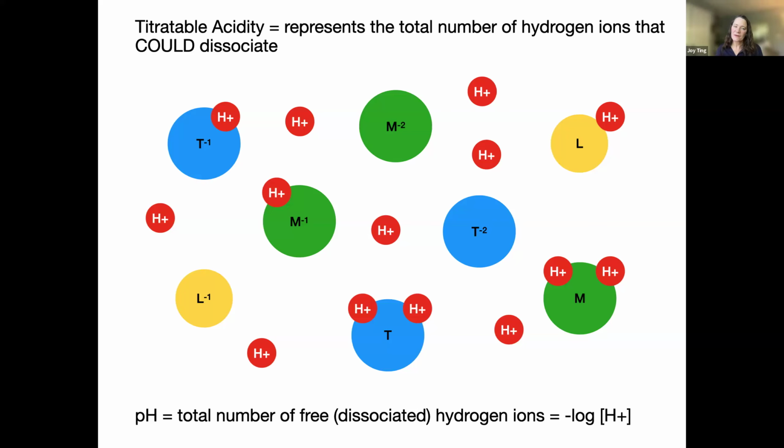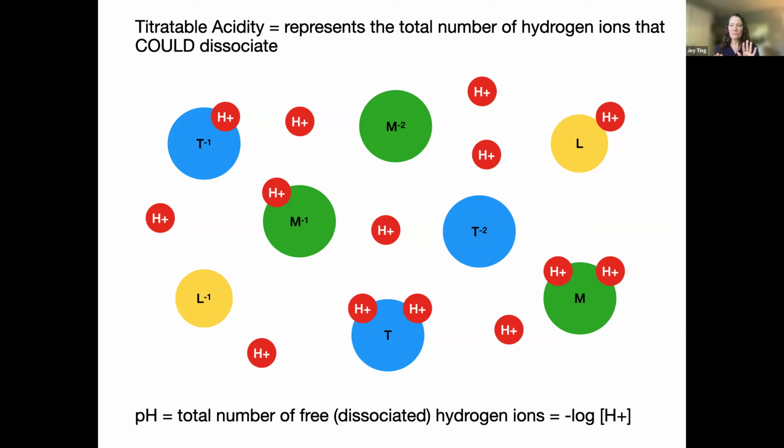But then we have to think about the impact of each one of these on pH. As I said before, the amount of dissociation does depend a little bit on the structure of the parent molecule. Because of that structure, tartaric acid is a little bit more likely to give up its hydrogen ions to solution than malic acid is. Malic acid is going to hold on to its hydrogen ions a little bit more, and lactic acid is going to hold on to its 1 hydrogen ion even more than that.